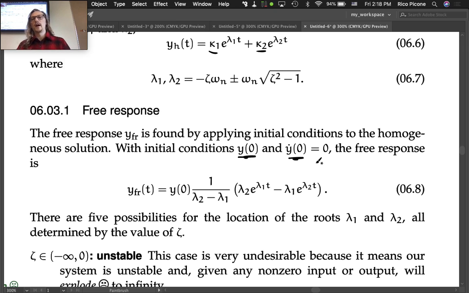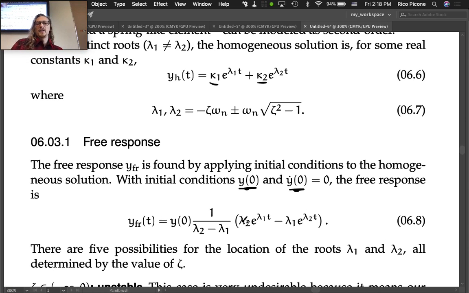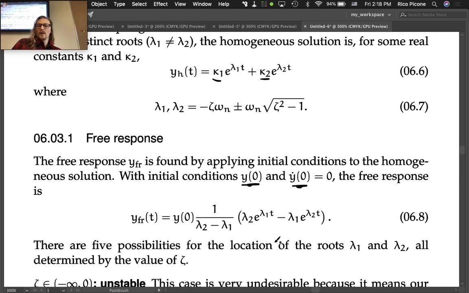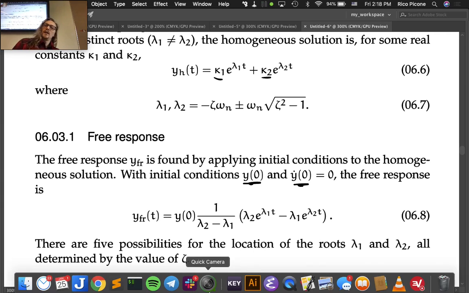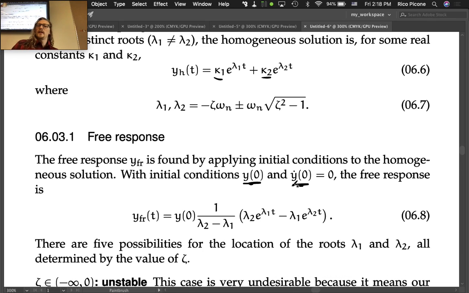There's also a y dot of 0, which I set to 0. You can work it out. It's not hard to do, it's just longer, and the expression gets a little bit longer. So 6.8, though, is typically what we'll have, and this is solved out for any lambda 1 and lambda 2 that you have as long as they're distinct.